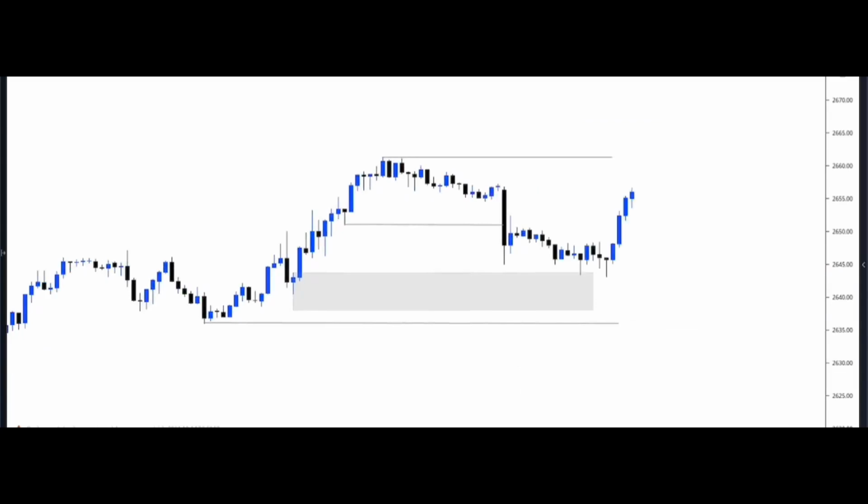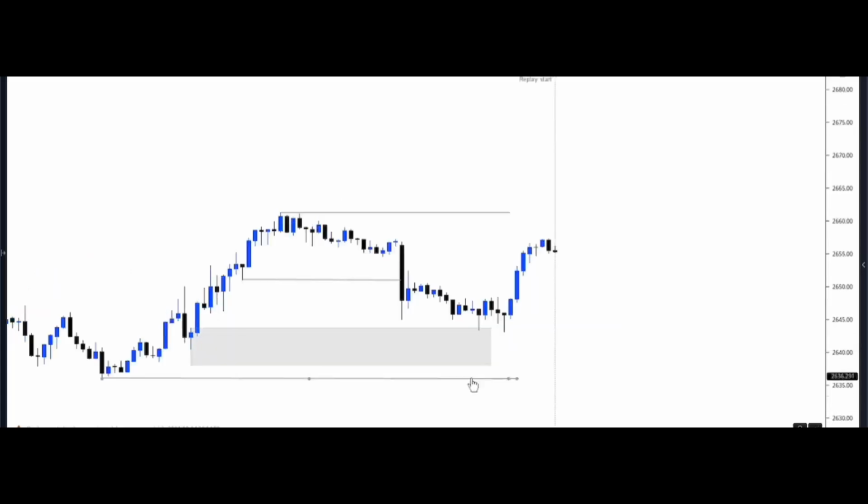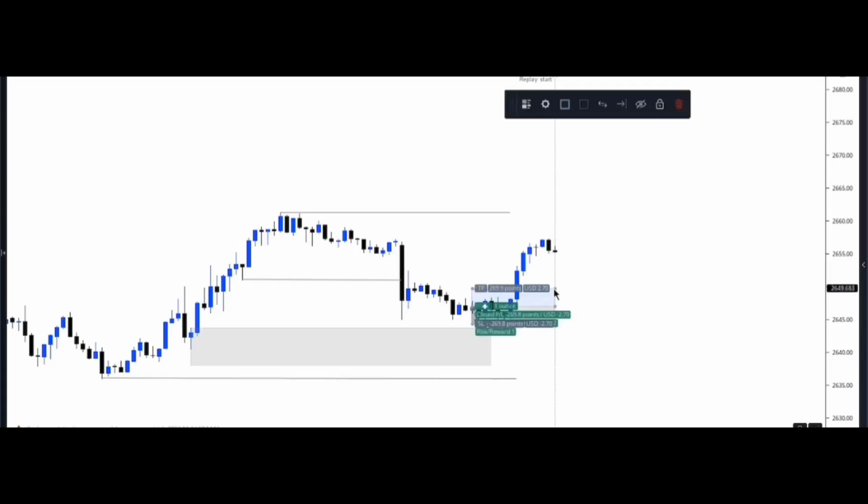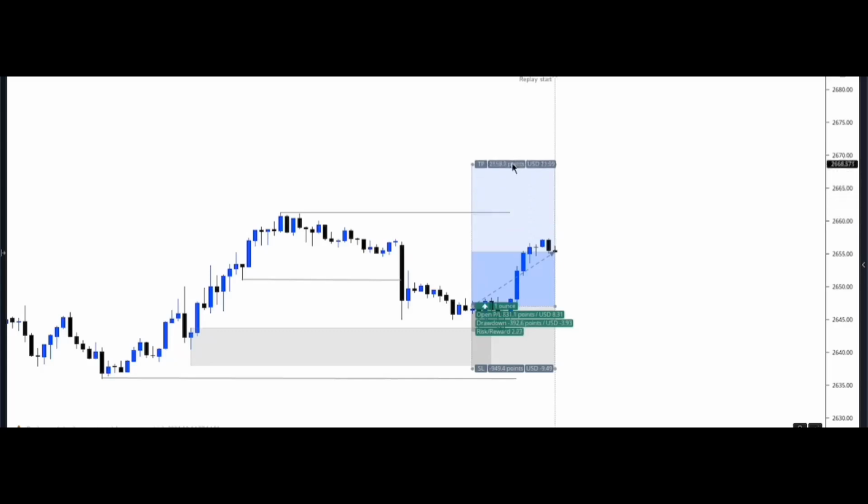Okay, price has tapped into it and is now going higher. So we can actually frame our trade from here to go long. Your stop loss just below. We have already given buffer to our stop loss, and your TP is up here.